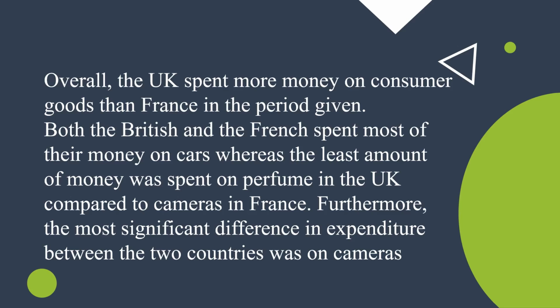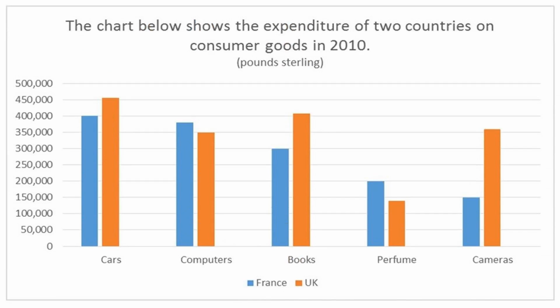Okay, now we'll move to part 3 and part 4. At the beginning, I want to come back to our chart. As you can see, we have the car. France and the UK spend more on car, book, and camera, while France spends more on computer and perfume.